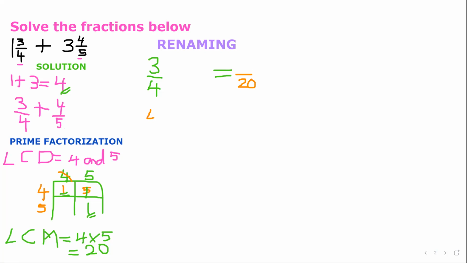That one too is 4/5, then you leave a space here. The new denominator for 4/5, that will be equivalent to the first one, must also be 20, so that the fraction will balance. That will be like fractions here.